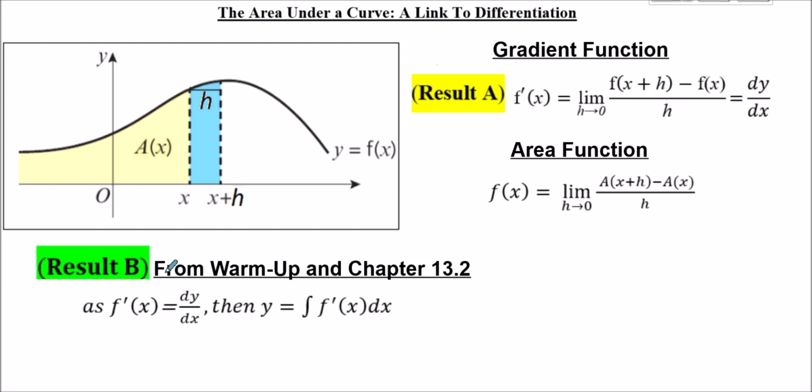So using that result and result B from the tangent function, from differentiation, we had f dashed of x is dy by dx, then y is obviously the integral of f dashed x dx, going back to chapter 13.2. So just putting back what we had here, that's dA by dx, which is the definition of A dashed of x.